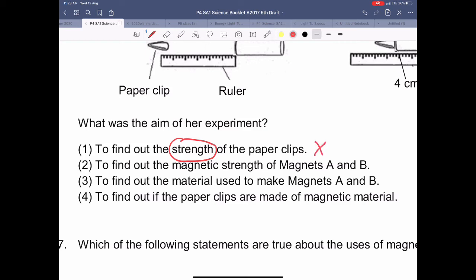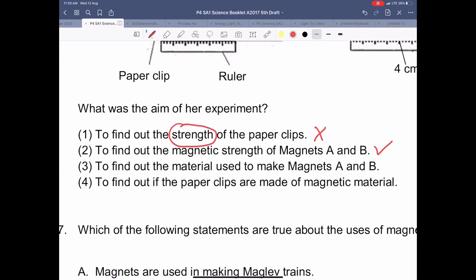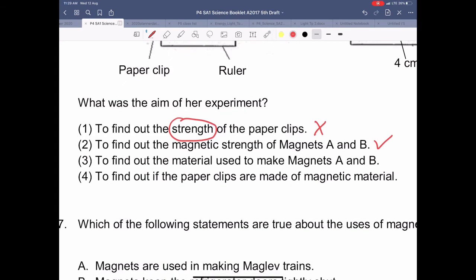To find out the magnetic strength of A and B, this is the correct one. But remember I told you in MCQ, you always want to be extra careful, so make sure you look through your options. Option 3, to find out the material used to make magnets A and B, that's not true. Option 4, to find out if paper clips are made of magnetic materials, that's not true.